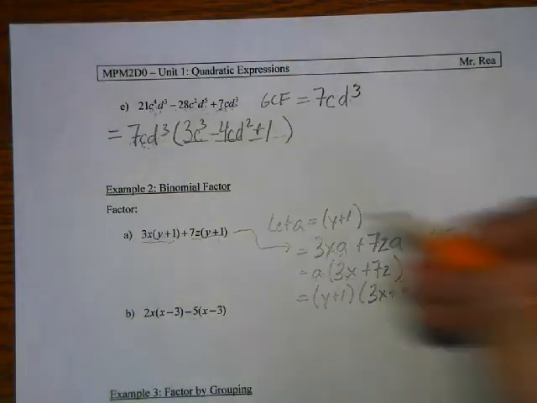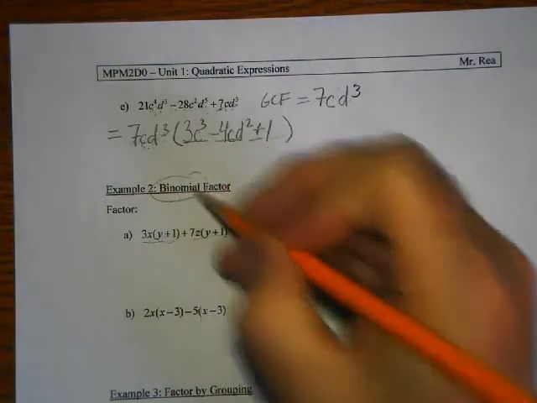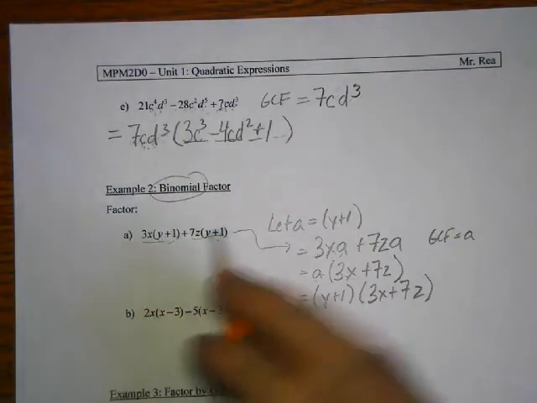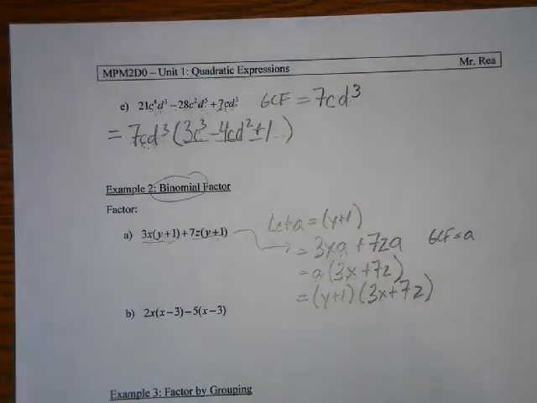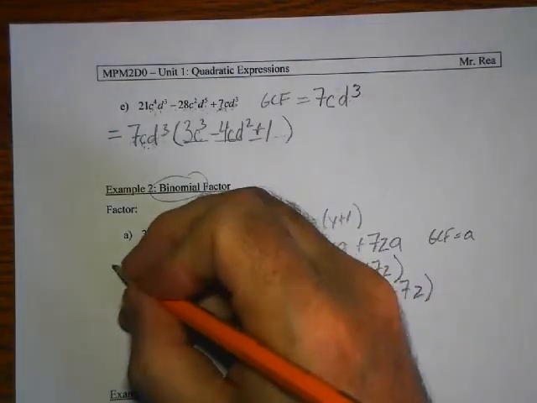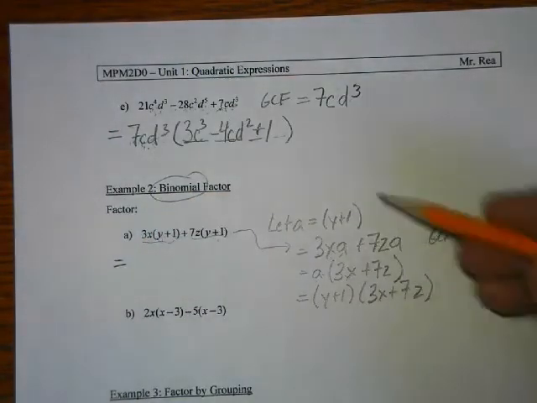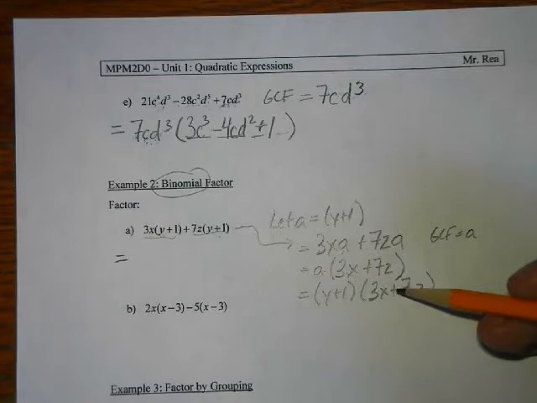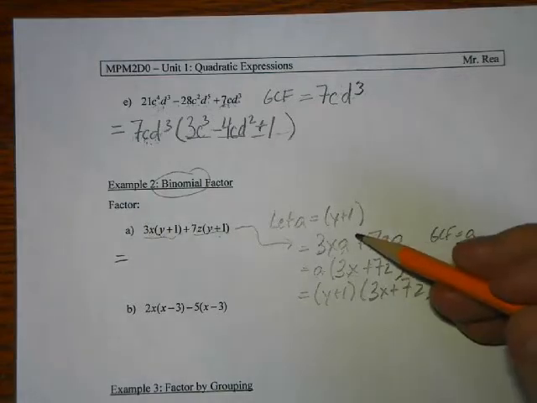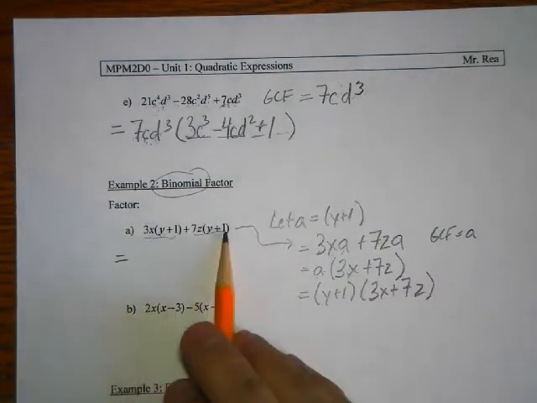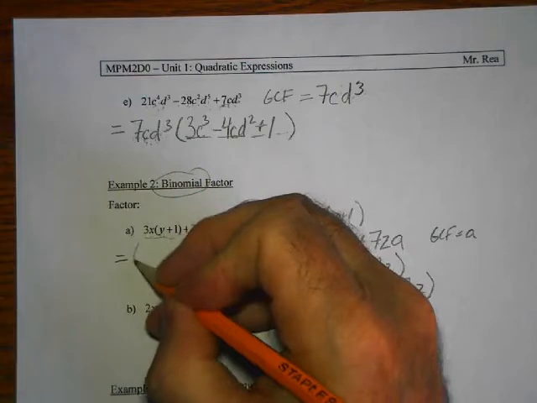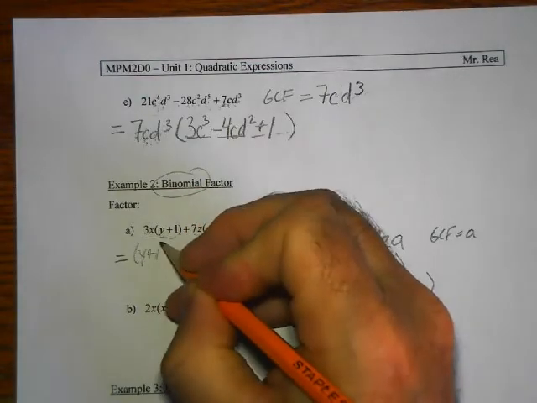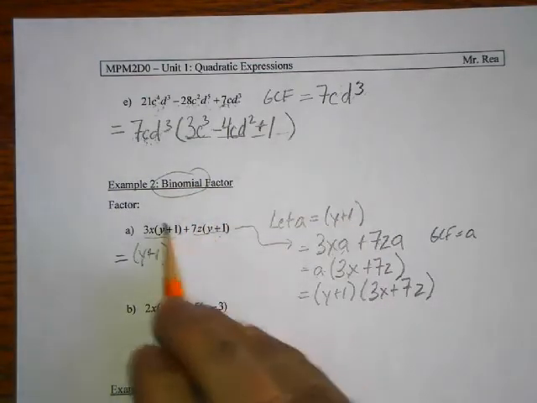It's a common binomial factor because it's got two terms as the factor, which is kind of new. So what I'd like you to do, I mean, you can always do this if you want, but after a while you'll start to see, oh, the y plus 1 is common to both.